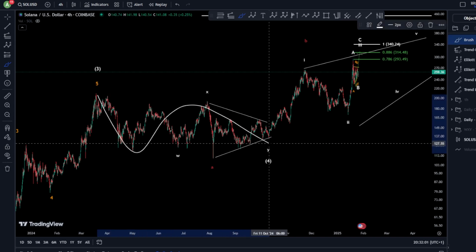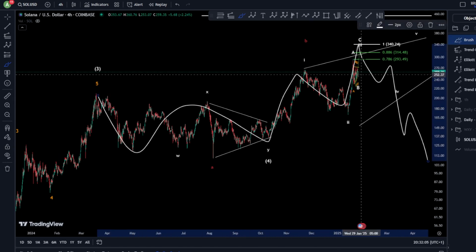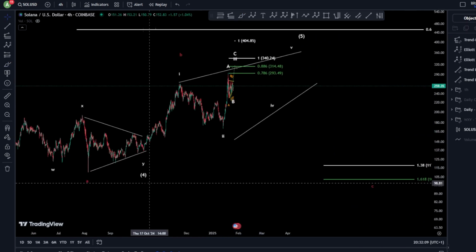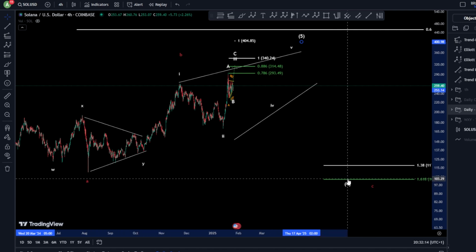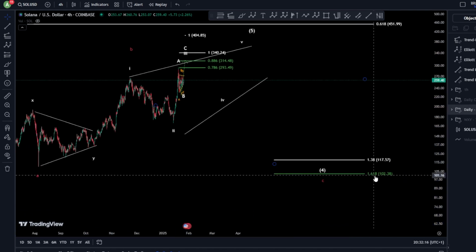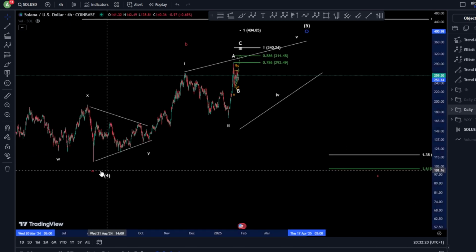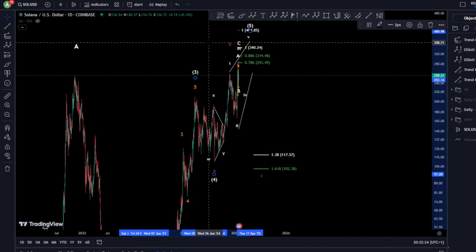We have 3 waves down, 3 waves up, and then 1, 2, 3, 4, 5. That's why we might move down correctively, meaning we are still bullish even if we dive deeper. This wave 4 might extend in time to the 1.38, 1.618 at $100, and then move up again. So the bull run did not finish, by the way.